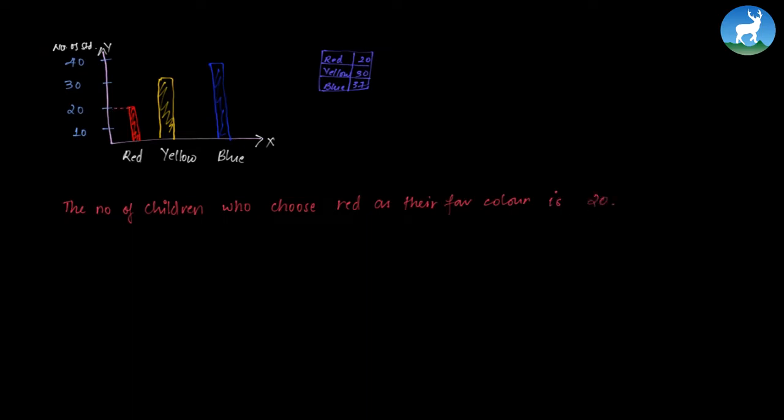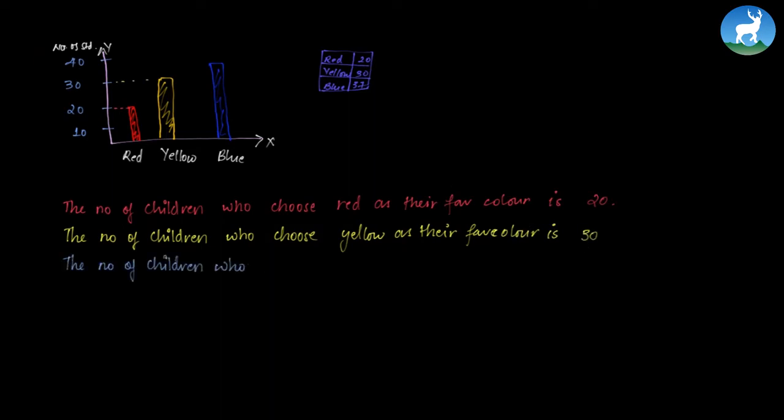Also, we can say that the number of children who choose yellow as their favorite color is 30. And finally, the number of children who choose blue as their favorite color is 37. So in this way, we are interpreting this chart.